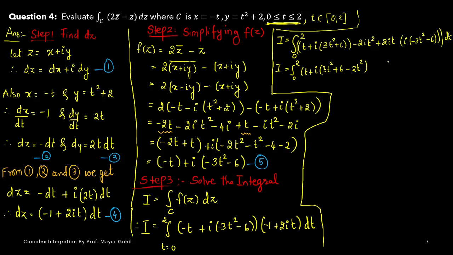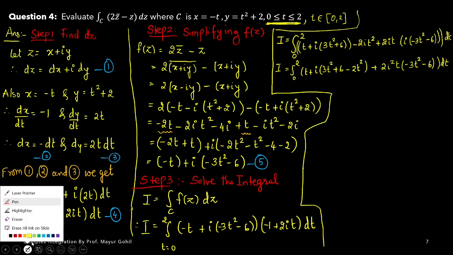From here what we will have is minus 2, or rather I would say it will be 2i square t, and then there is minus 3t square minus 6, and that i square is basically minus, right? So let me just complete that, and then there is dt.